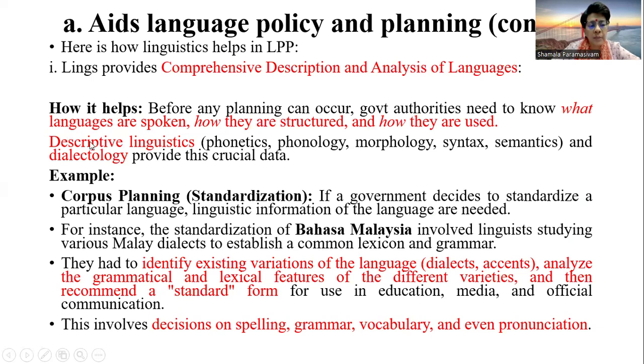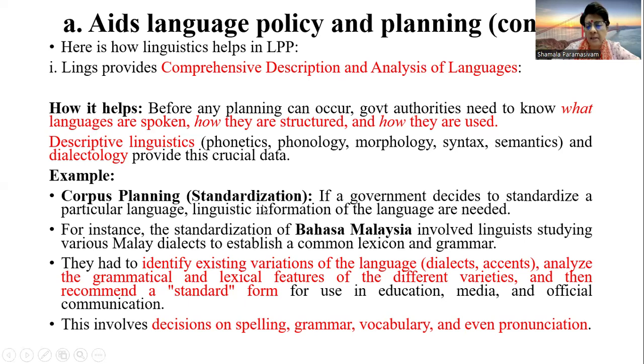So, descriptive linguistics can describe the phonetics, phonology, morphology, syntax, and semantics of the languages. Through dialectology, which is within sociolinguistics, you can get this information, because sociolinguistics can give a description of these elements of language so that we understand the dialects and the varieties of language used in a particular region.